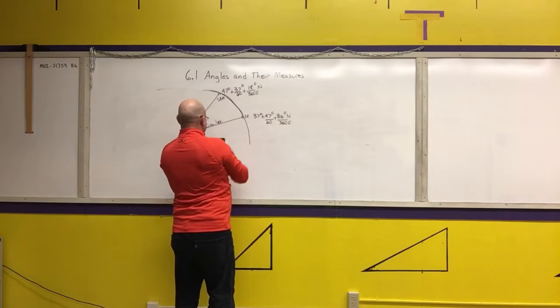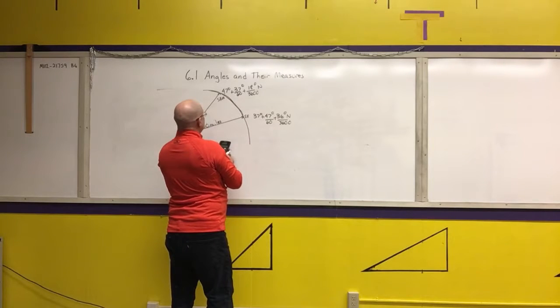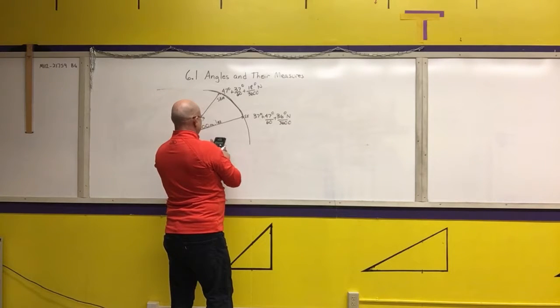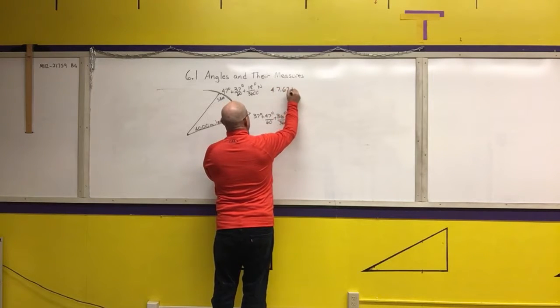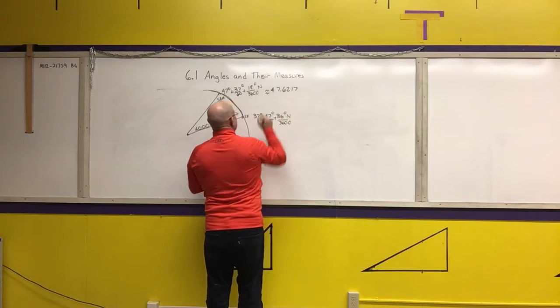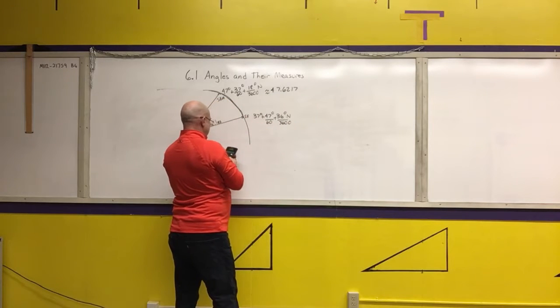So 47 plus 37 60ths plus 18 3600ths. That's 47.6217. Then I can do 37 plus 47 60ths plus 36 3600ths.